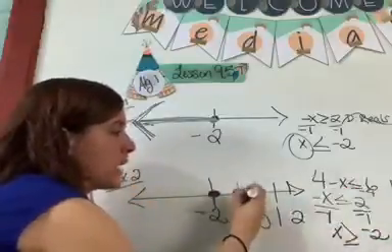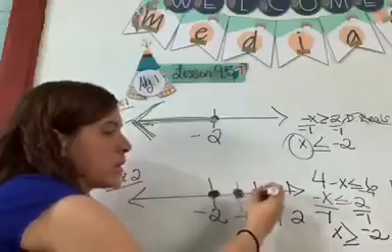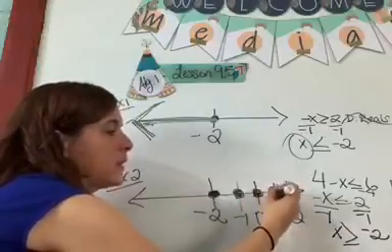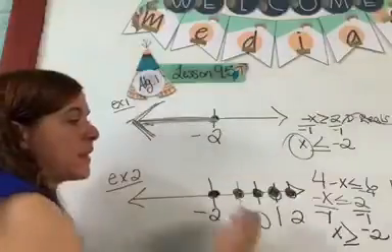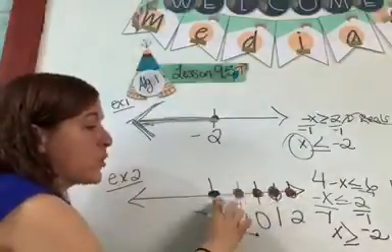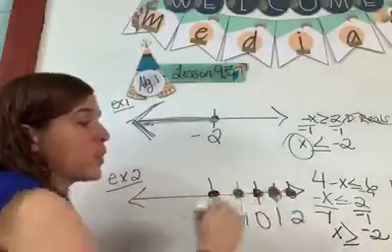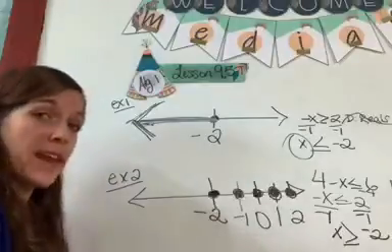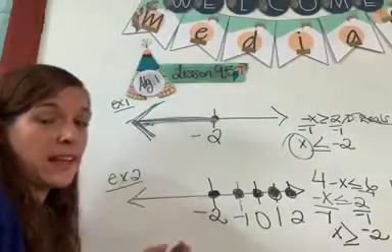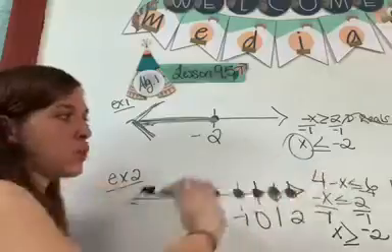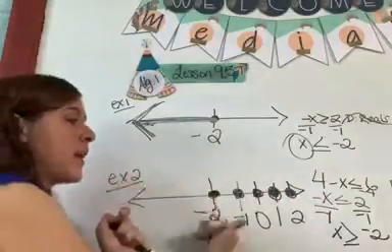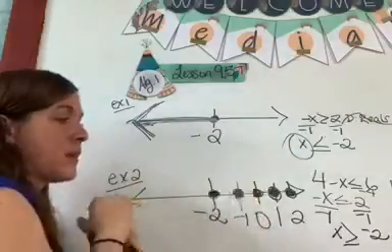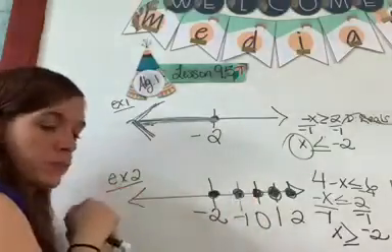So you literally have to go and write a few integers on your number line and color them like this, because it includes each one of these, but it cannot include things in between, because things in between are your fractions and your decimals. So you cannot do that. You have to color it like that. So when you see integers, you have to do a little bit more brain work on it to say, okay, what are my integers? They're my whole numbers that are negative or positive, but never a fraction.